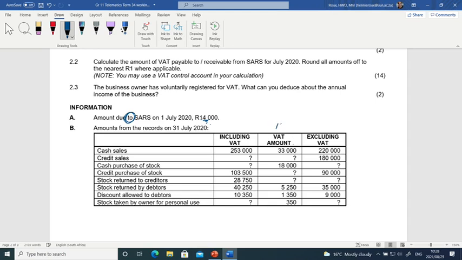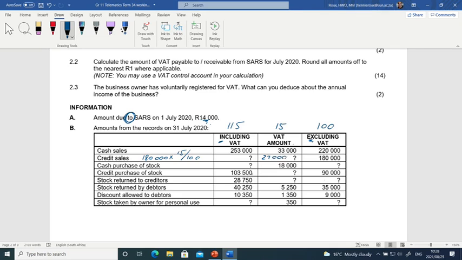So this is the 15%. Excluding VAT is 100, including VAT is 115. For credit sales, we have excluding. So 180,000 times 15 over 100 is what we want to calculate. Excluding is the 100. So that will give you 27,000.